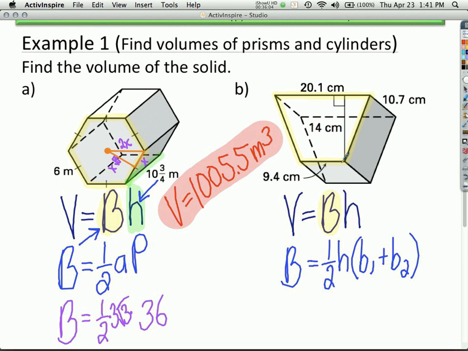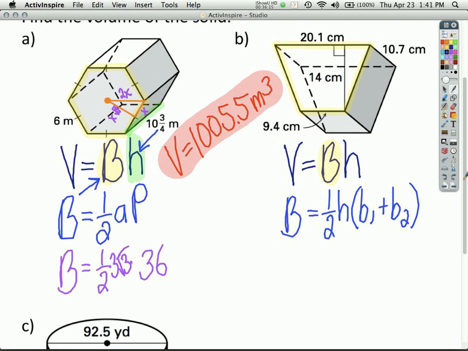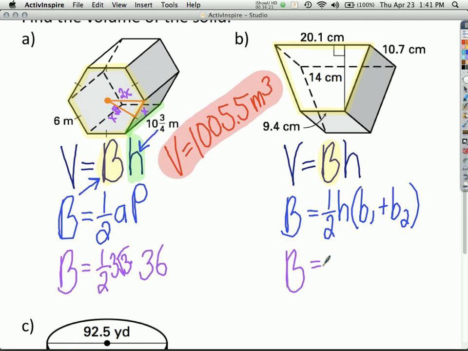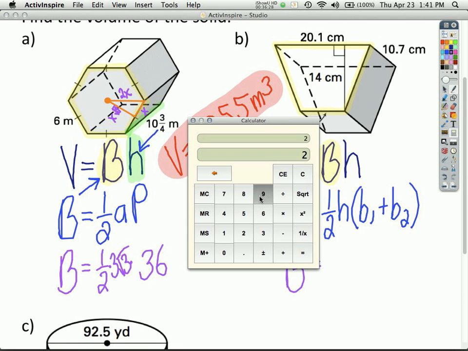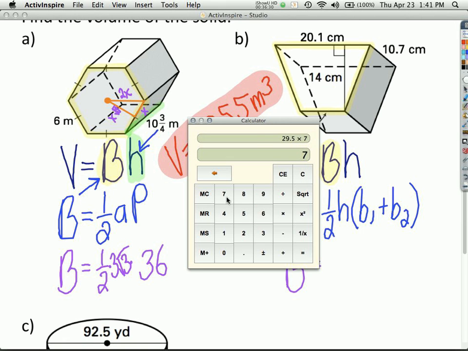So half of 14 is 7, and now we have to add 20.1 and 9.4. I've done nothing but mental math so far. Big B equals, the sum of the bases is 29.5 times 7. We get 206.5.